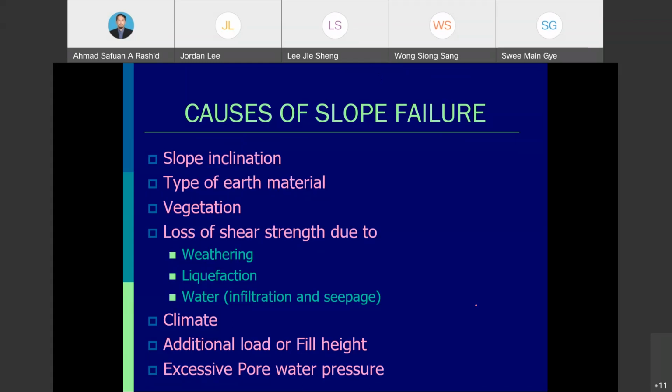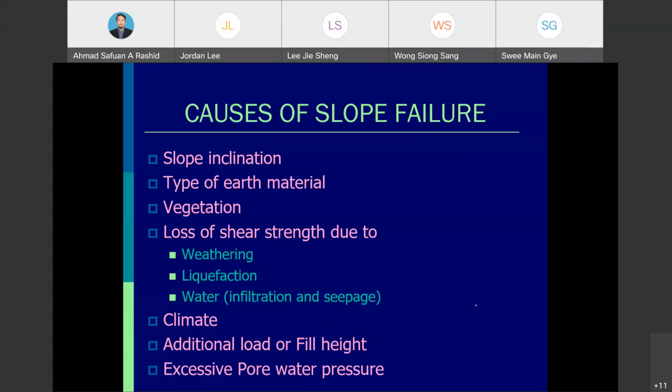Due to the vibration from the epicenter during the earthquake event, it can change the behavior of the soil from solid particles to a liquid condition. But it does not happen here in Malaysia. It normally happens in the Indonesia area.